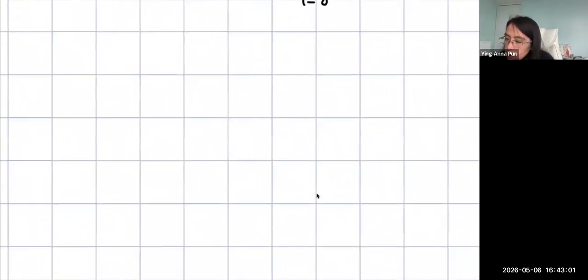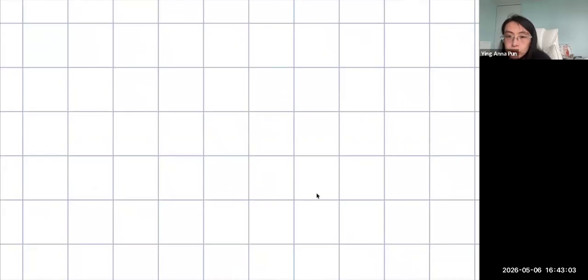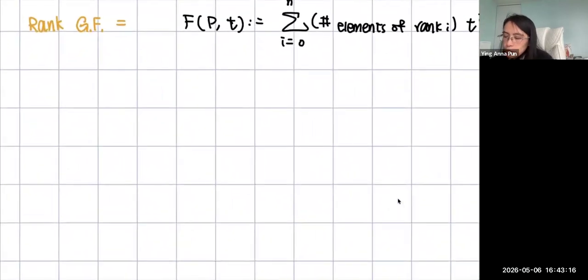But what if I cannot always draw it out, right? When the Hasse diagram is big enough, then I may have trouble. So what I'm going to do is give you some rank generating functions of the examples that we have before. So let me just write a table here.